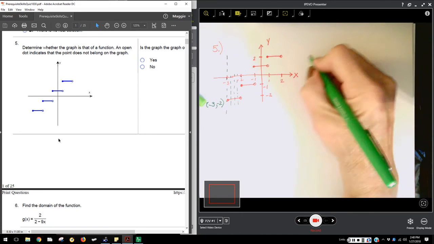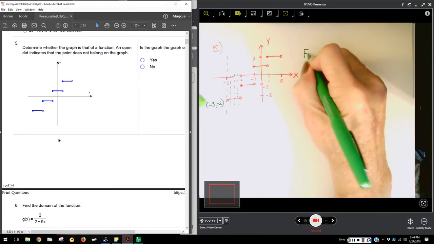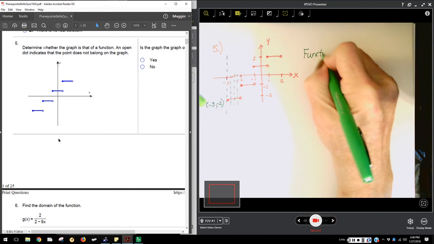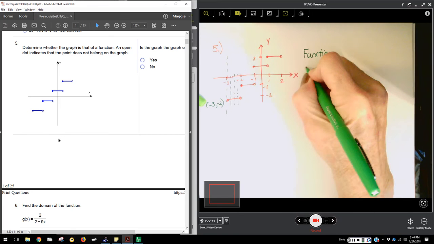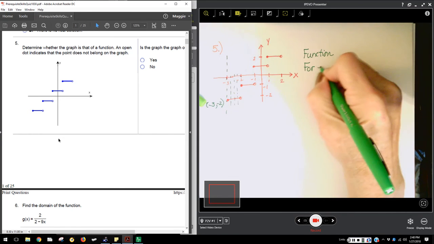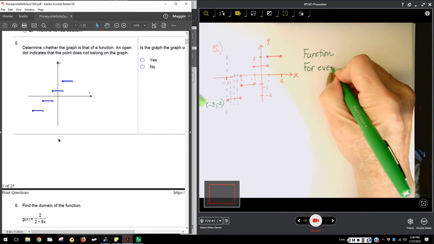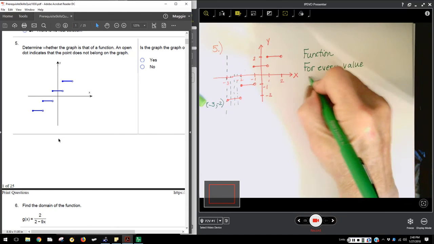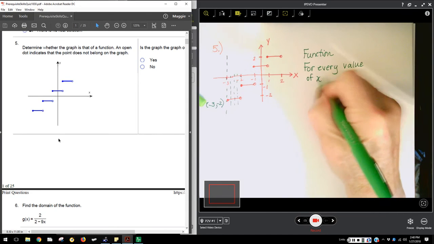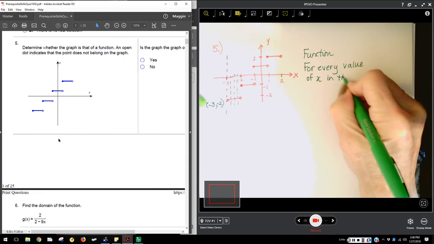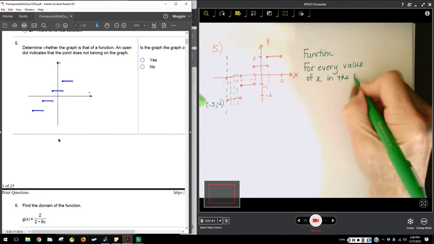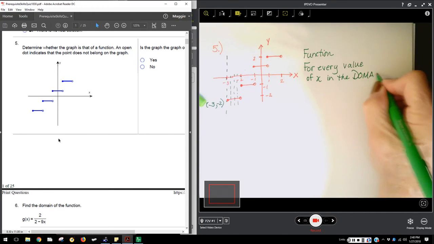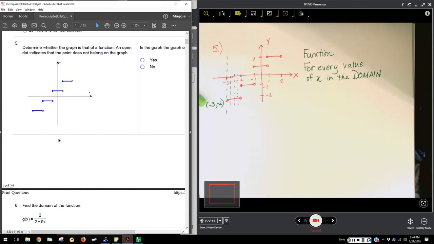The definition of a function says for every value of x in the domain, the domain is all of the basket of values that you get to pick from for your function.